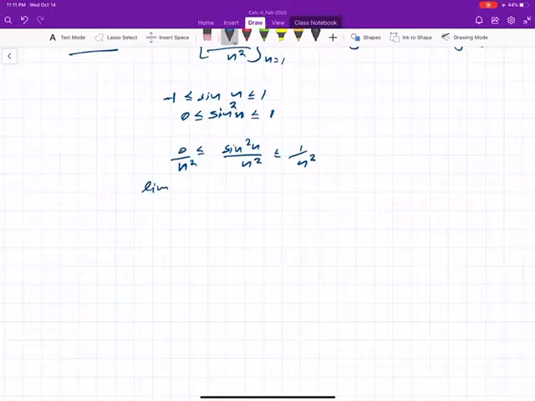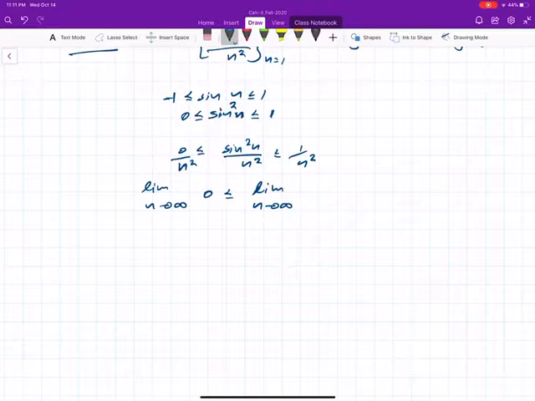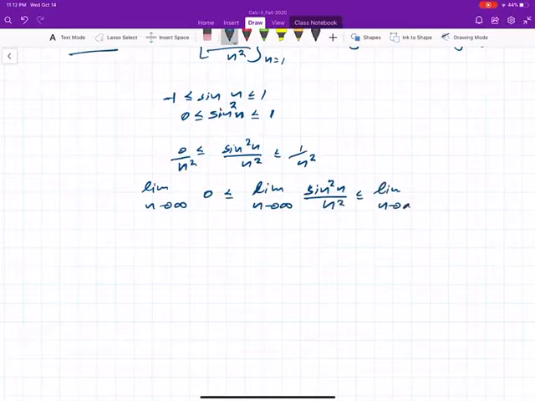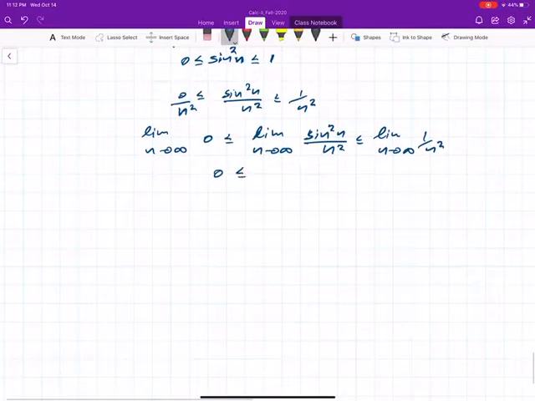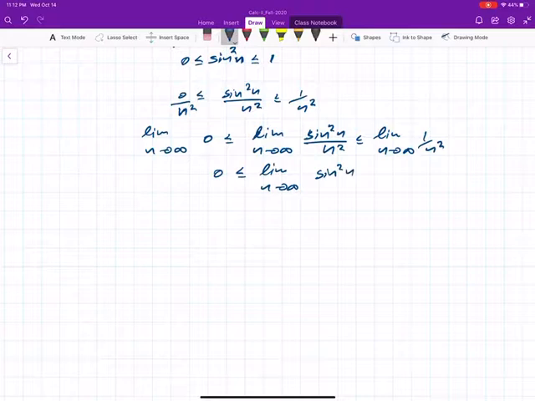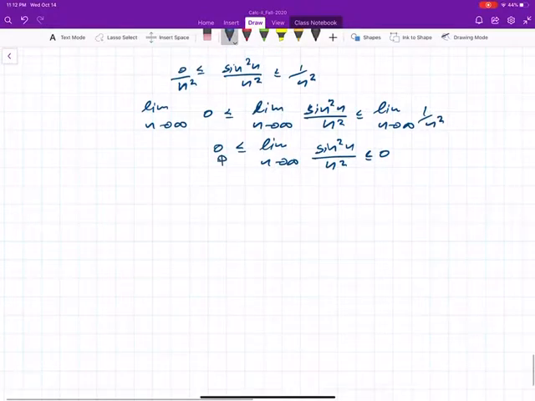You write limit n goes to infinity of 0, limit n goes to infinity sine square n over n square, limit n goes to infinity 1 over n square. So this will be 0, less than or equal to limit n goes to infinity sine square n over n square, less than or equal to 0. Again, squeeze theorem. Here the lower limit is 0, the upper limit is 0, so the middle thing also must be 0.